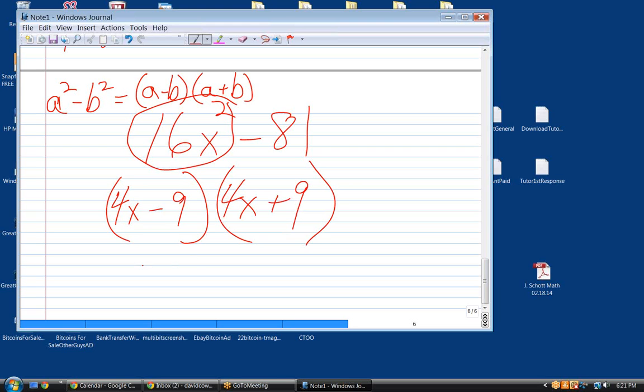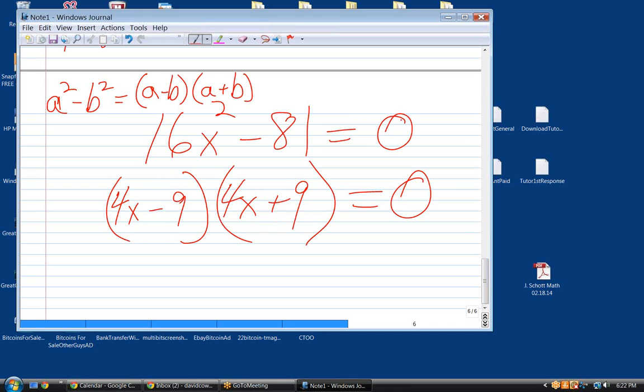Now, notice that when we solve it, what is our solution? If I had set this whole thing equal to 0, what do you do at this point when you're solving a quadratic and you get one thing multiplied by another thing equal to 0?